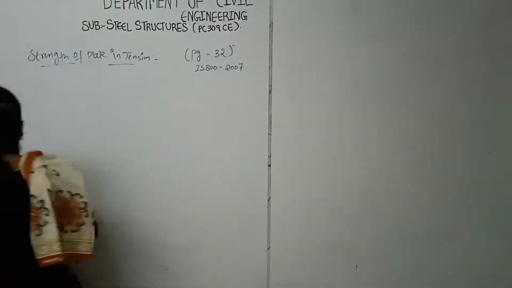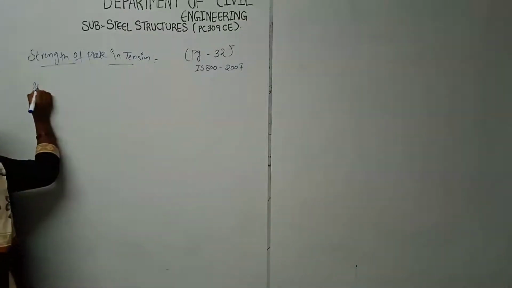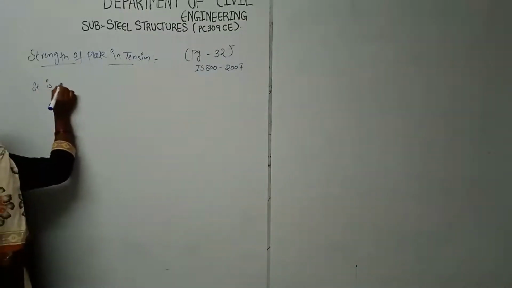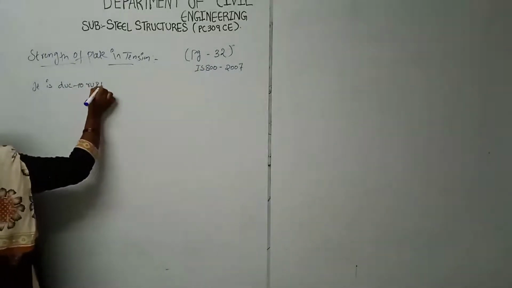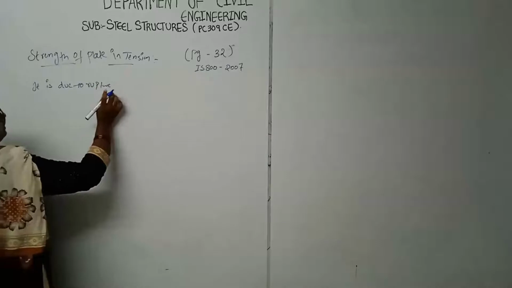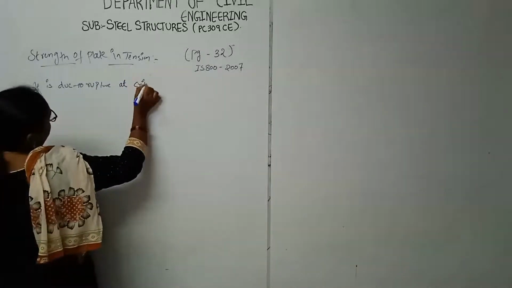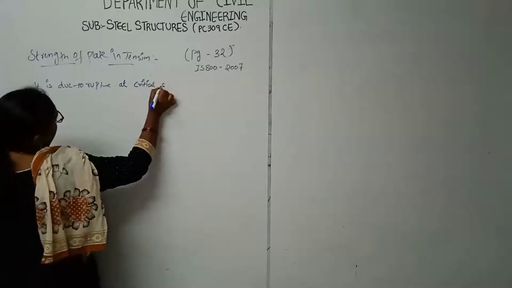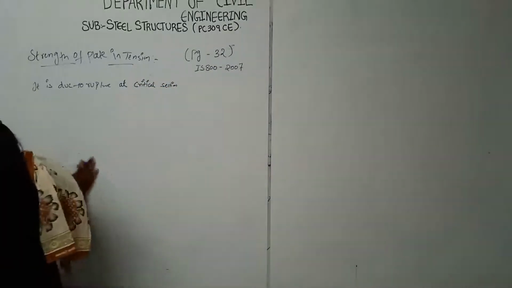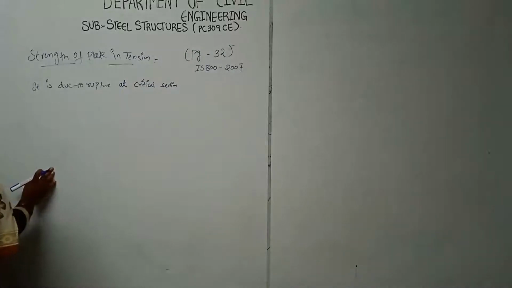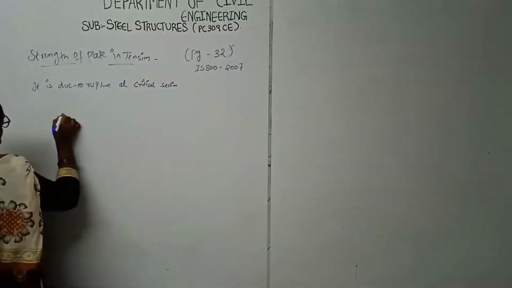So right, what is actually tension? It is due to rupture at the critical section. So what is actually rupture at critical section?